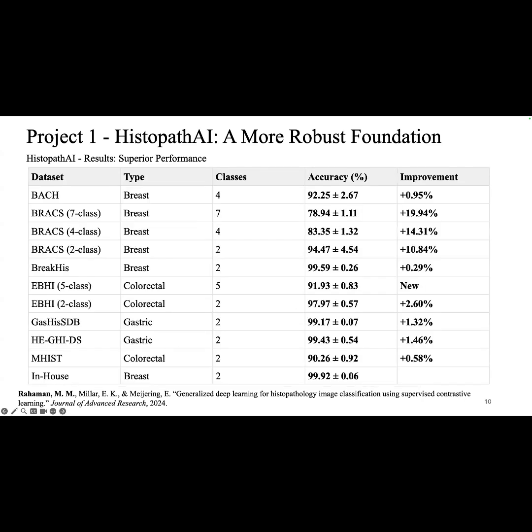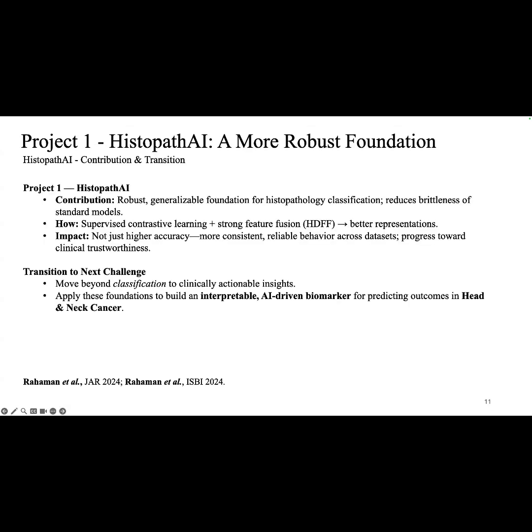And in this slide, you can see the key results across 8 datasets in 3 different cancer types. We obtained state-of-the-art accuracy compared to existing studies. So to summarize Project 1, the key contribution is establishing a robust and generalizable framework for histopathology classification.